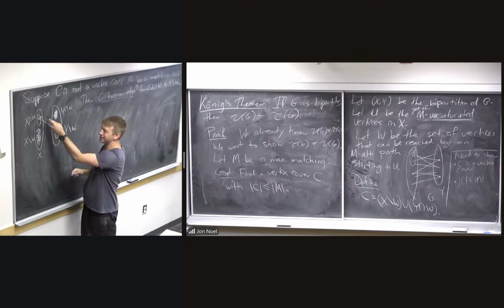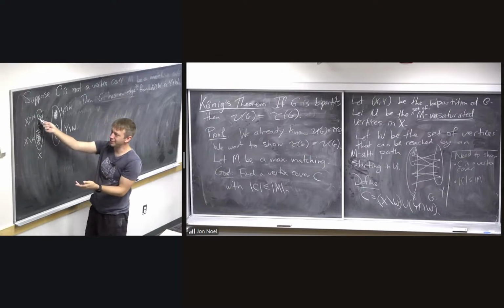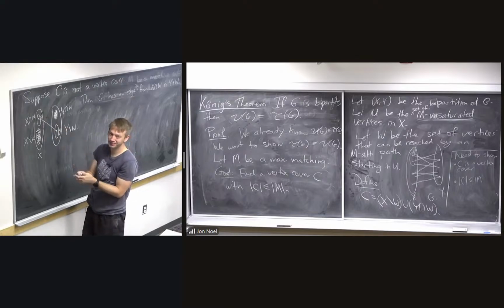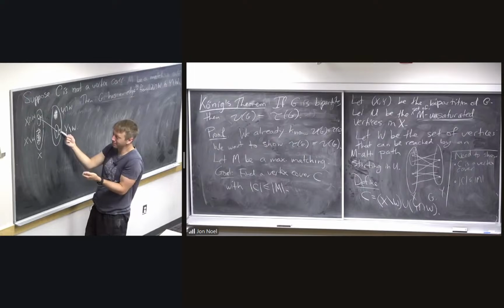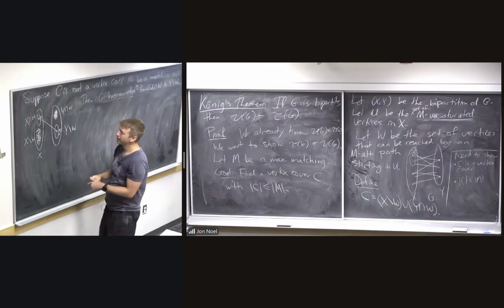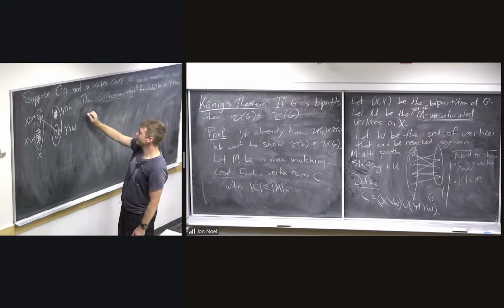Therefore this one is not a matching edge, because matchings don't have edges with endpoints in common. Then you could just add on that edge, and it'll be an alternating path that ends here. Unless this thing appeared earlier on that alternating path, then I've repeated a vertex. But if it appears earlier on the alternating path, it's also on an alternating path. So this would be a contradiction. So this can't happen.